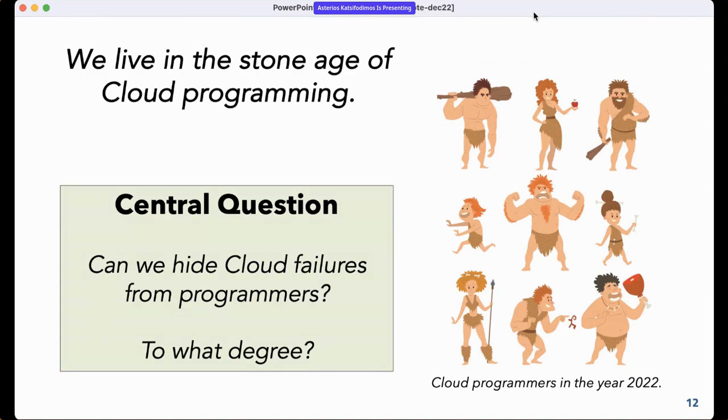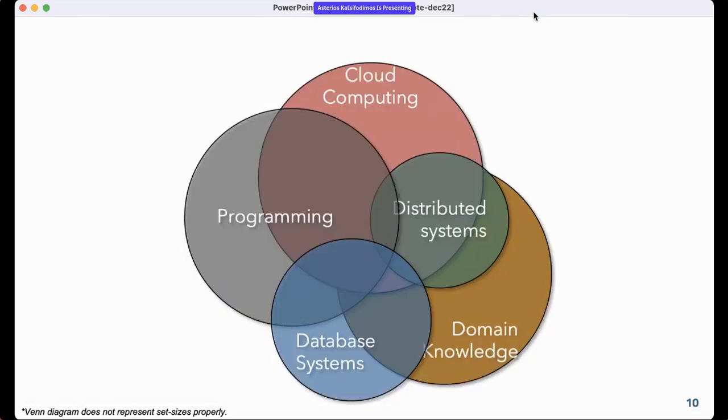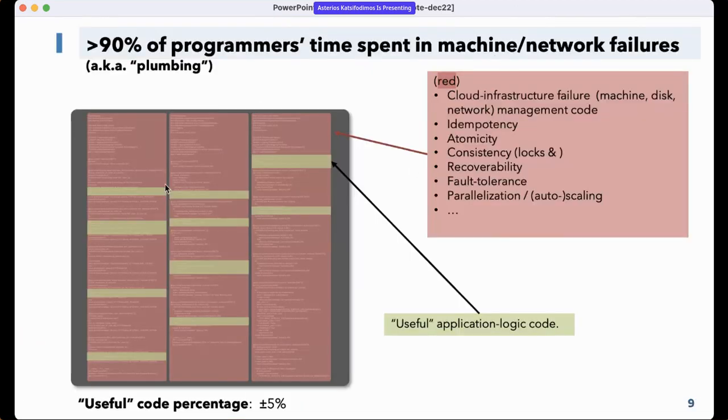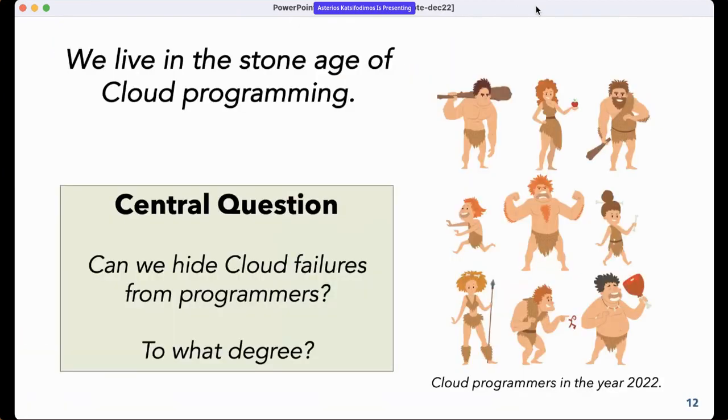So the code that I showed you here is mostly failure management. What happens when either a service is very slow or it does not respond? Or it has responded to my first request, but not the second one, etc., etc. Basically, the code is littered by cloud failures or distributed system failures.